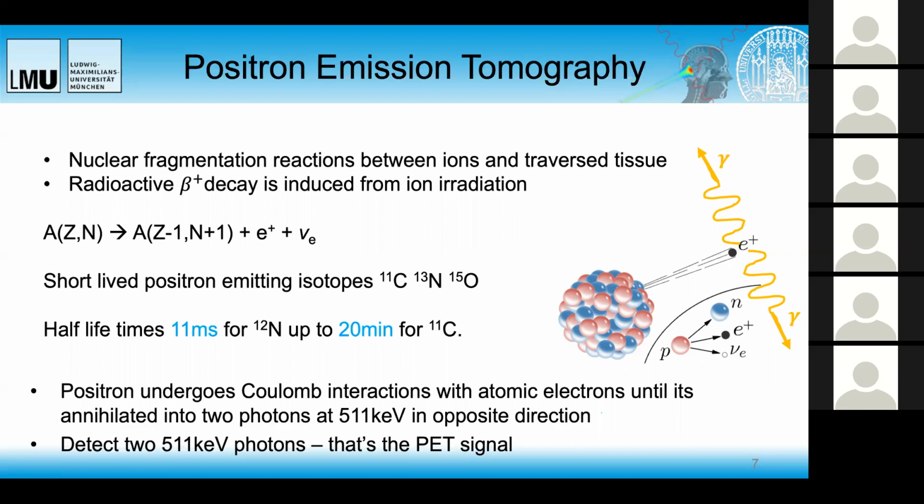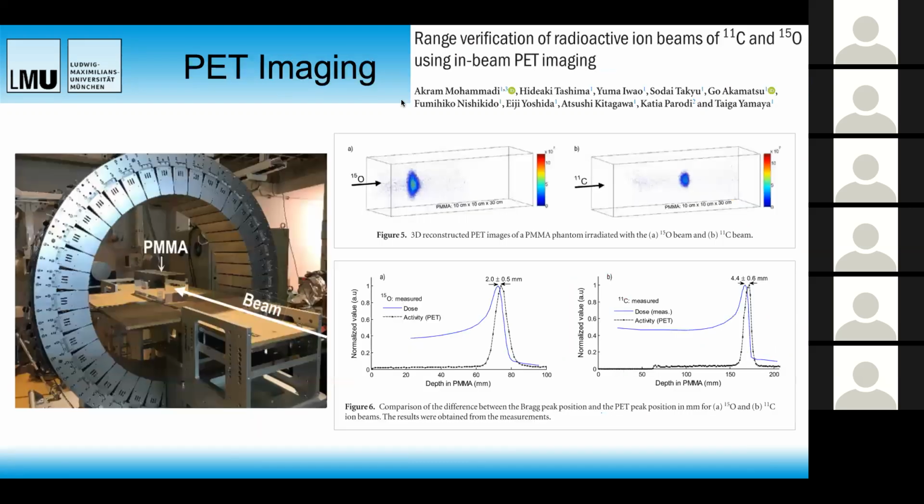And to show you how such a system could look like, I want to show you this study where they were shooting in ion beams into this PMMA phantom. And basically the ring is now a positron emission tomography scanner. And here on the right side, you see the respective signals they could measure.